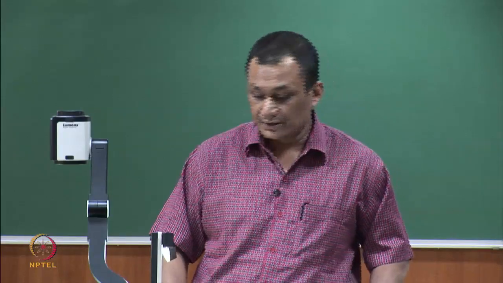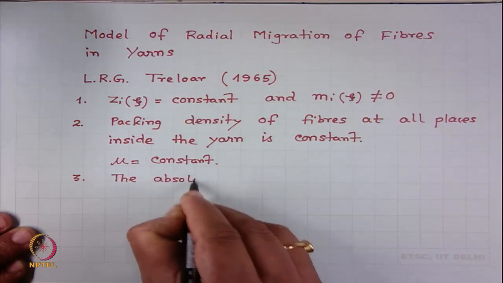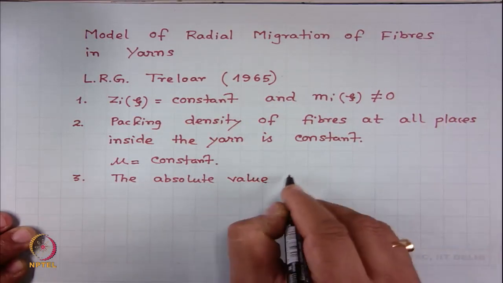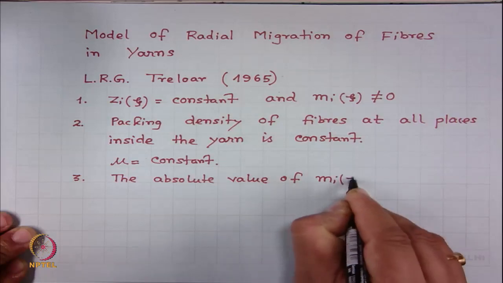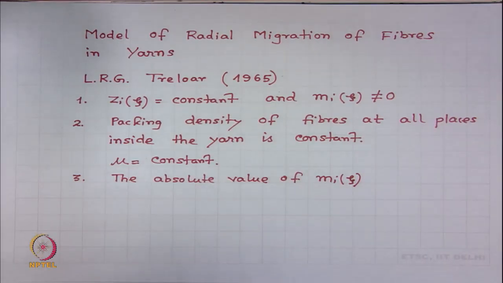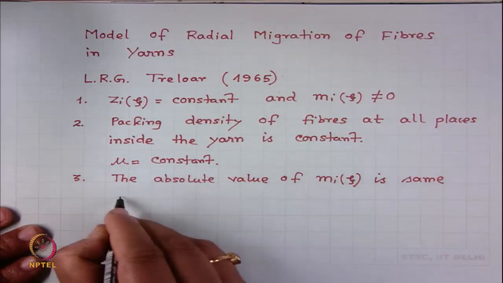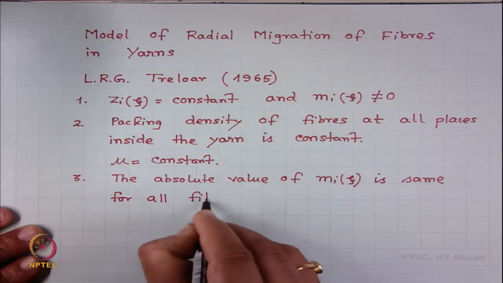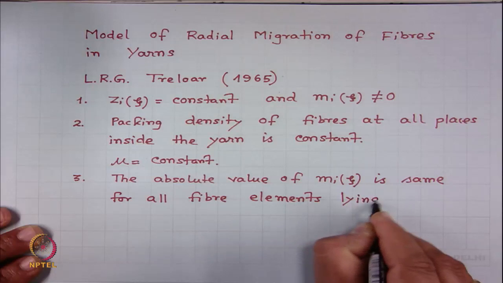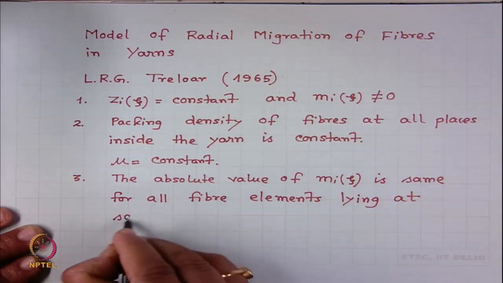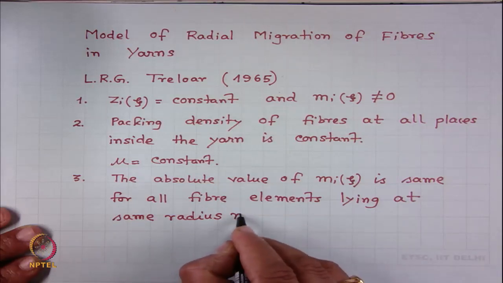Third assumption, a little critical. The absolute value of this function, which denotes the radial migration, is the same for all fiber elements lying at the same radius r.